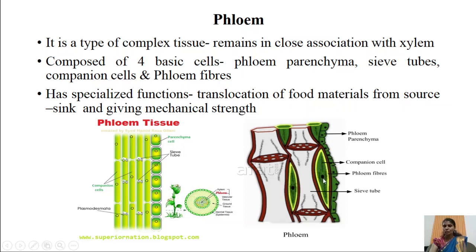So these are phloem fibers and these are sieve tube elements. These are the perforation plates in the sieve tubes, which generally act as a channel for cell to cell translocation.